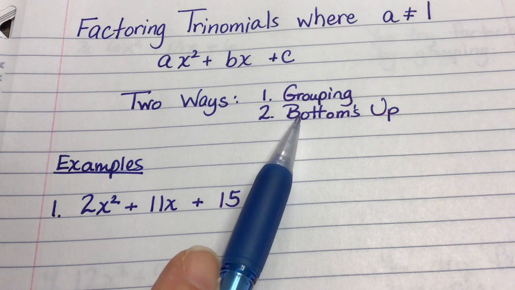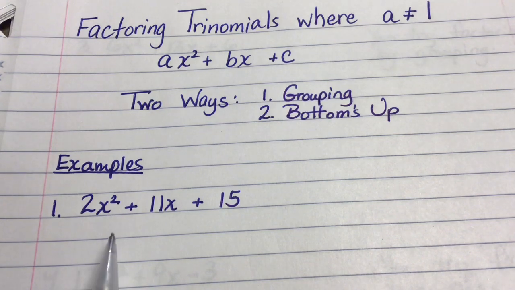That was the biggest complaint I had gotten from a colleague of mine, that students use bottoms up and they forget to do it completely, which then means you have factored incorrectly.